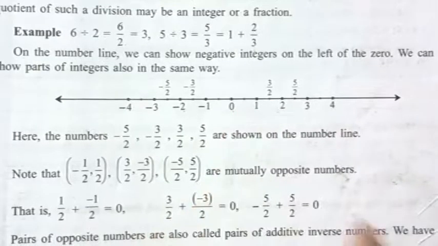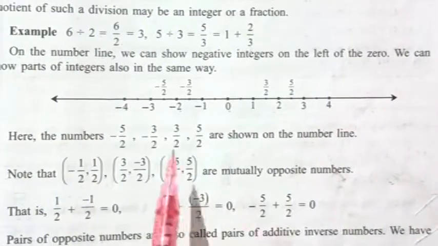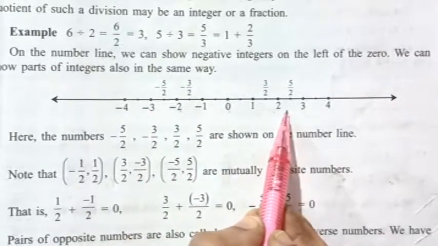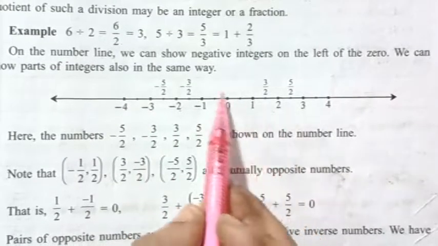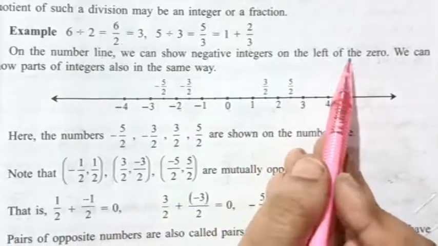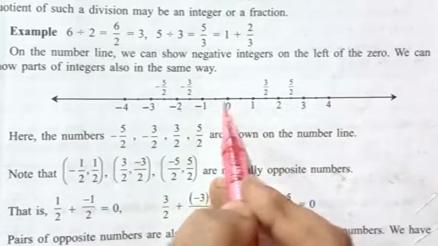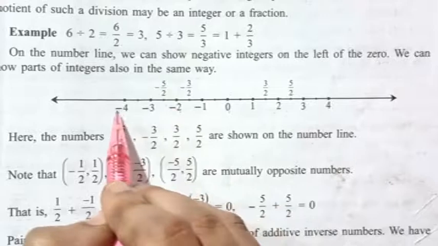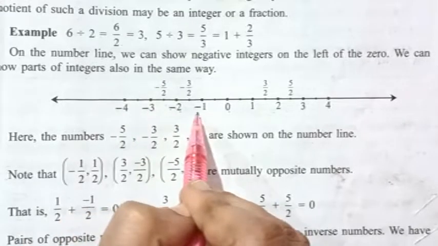In this number line, before 0 there are negative numbers, after 0 there are positive numbers. So the negative integers are on the left of the 0, with the minus sign, those are negative integers.